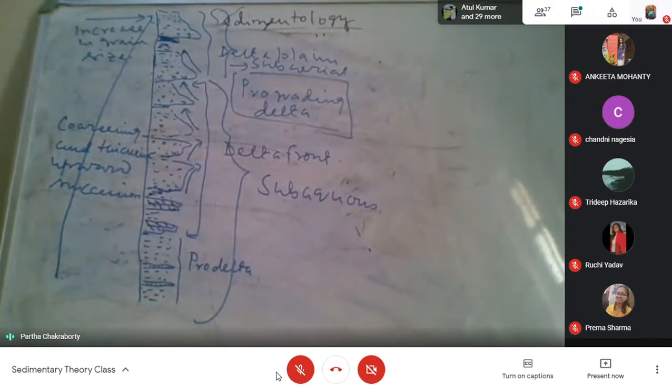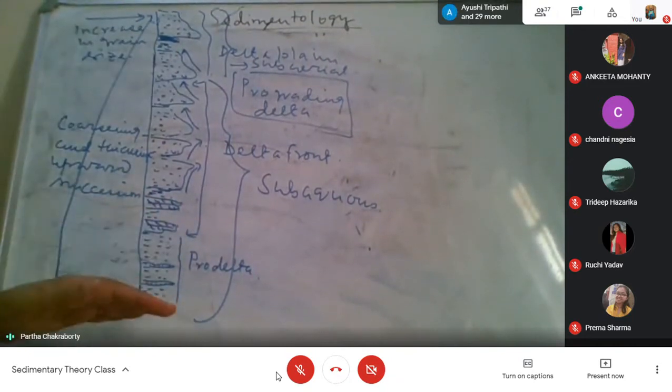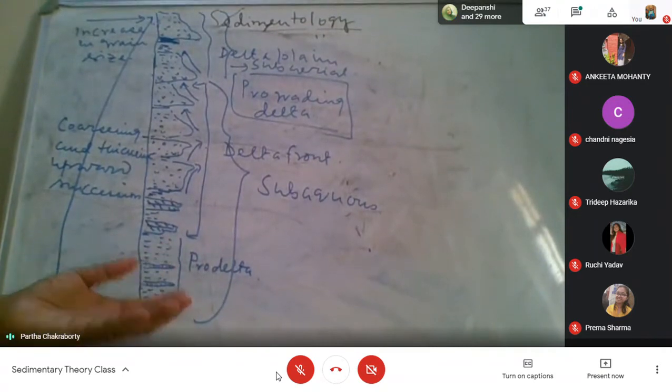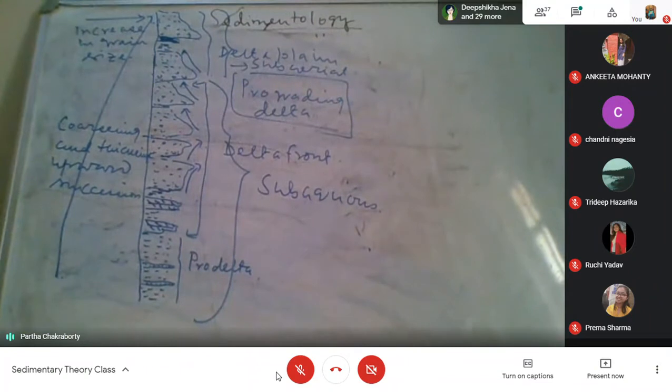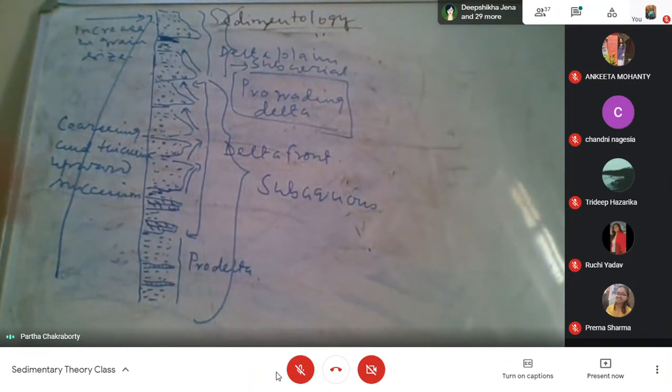The simple reason why a delta becomes a good hydrocarbon reserve is that it overlies the basinal shale. Your pro-delta is nothing but a basinal shale, and that acts as a hydrocarbon source rock for the delta.